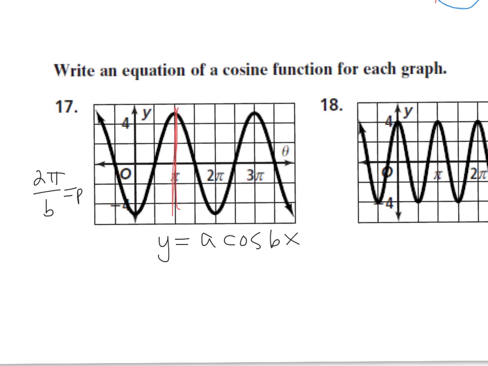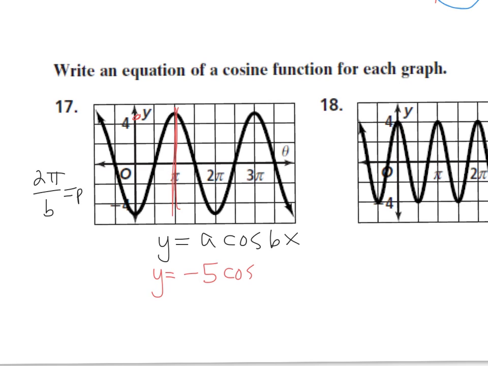And this is a cosine function that is reflected, because normally cosine would start up here, but it's starting down here. So this is going to be y equals -5 cosine.